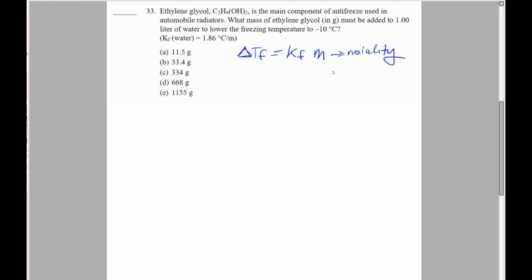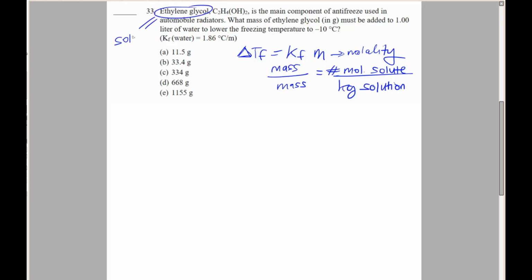So molality is basically mass over mass, whereas molarity would be mass over volume. So in this case, molality is going to be the number of moles of solute divided by the number of kilograms of the solution.